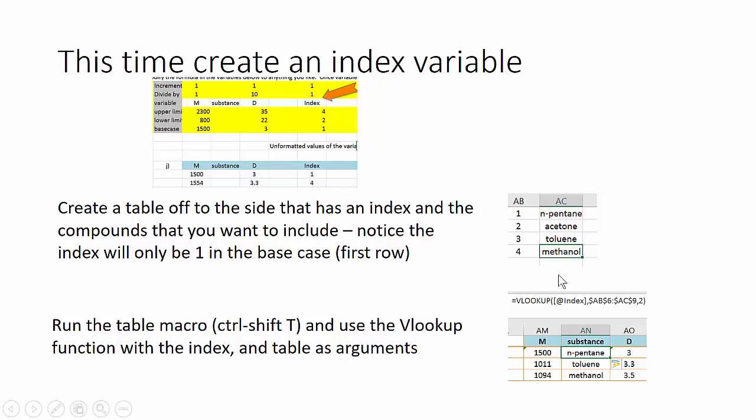We'll create a table somewhere off in the spreadsheet that has the index value and the compounds that we want to substitute in. We'll use Control-Shift-T and just use the VLOOKUP command to substitute in those values.